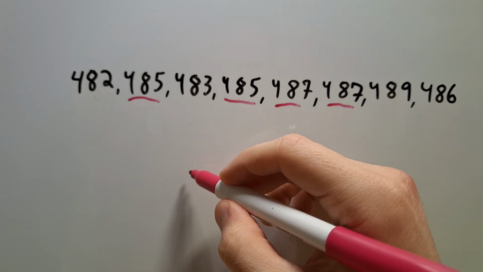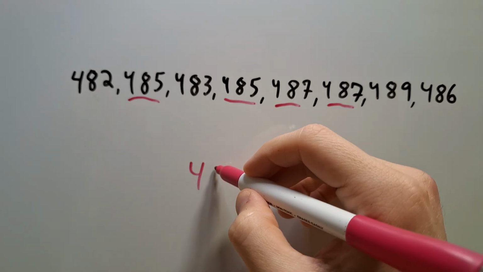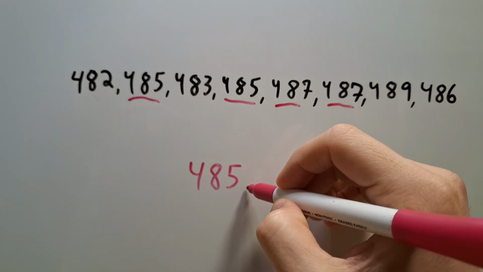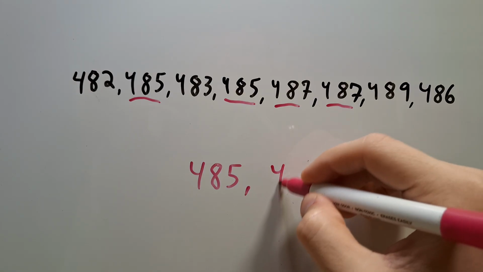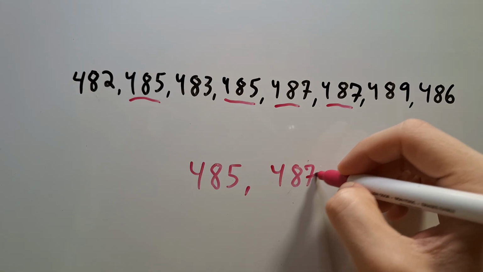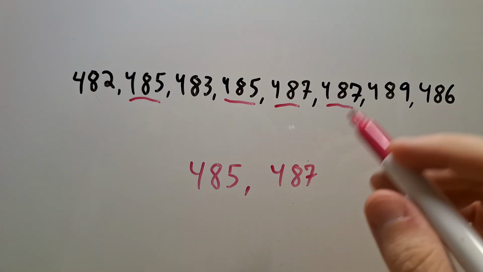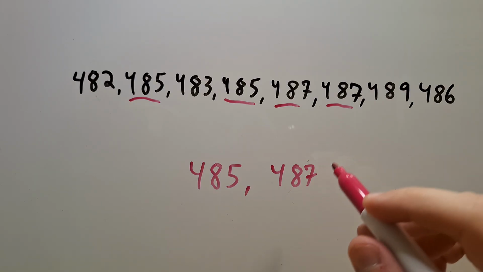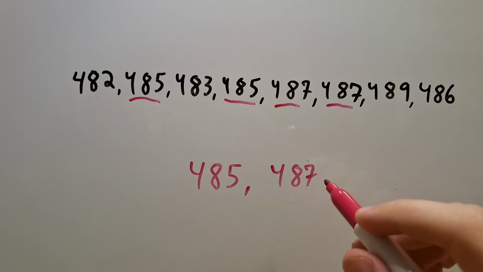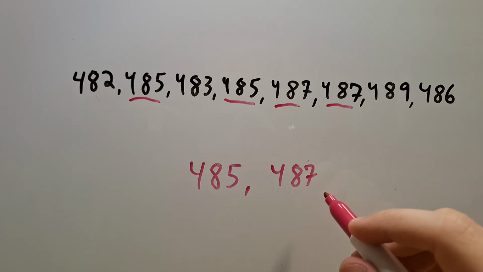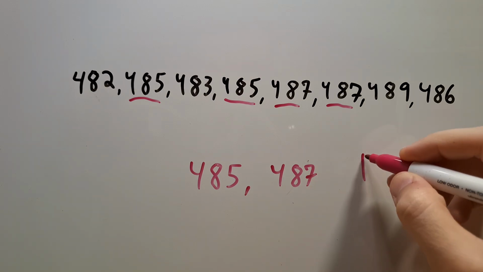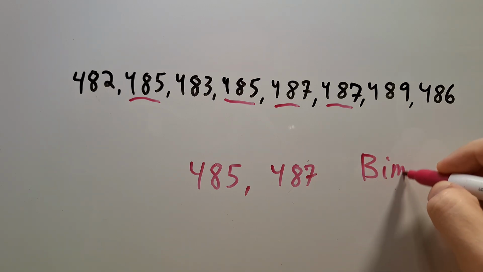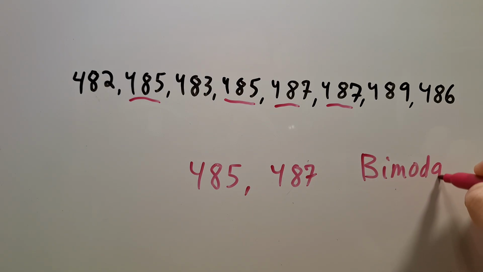So in this case, the mode would be both of those numbers, 485 and 487. When you have more than one mode, this is what is known as bimodal, the fancy term for it. Bimodal.